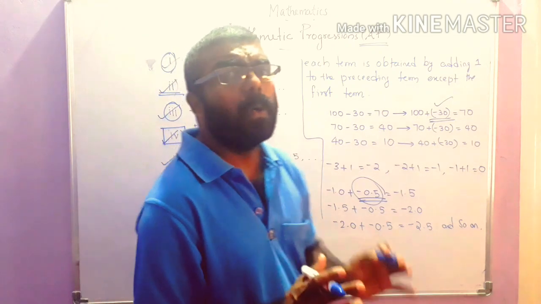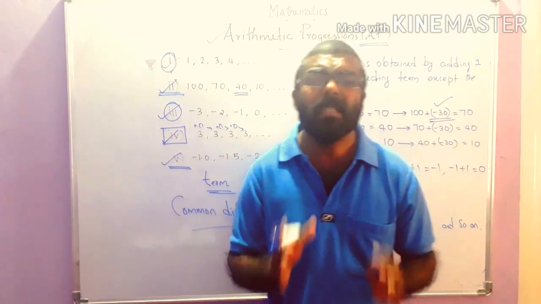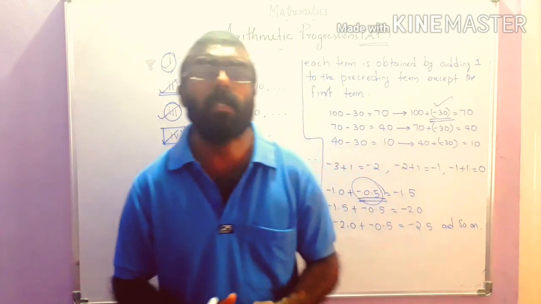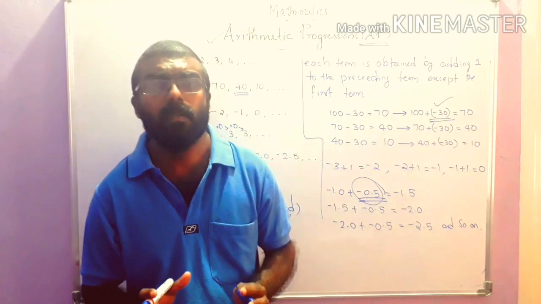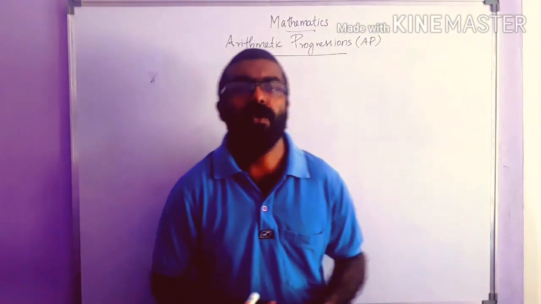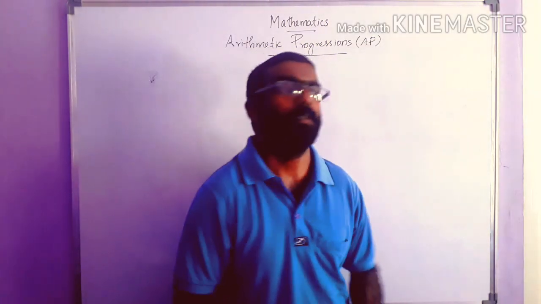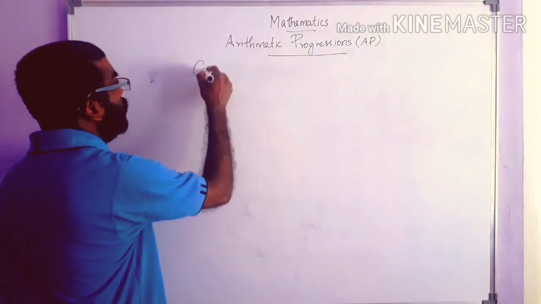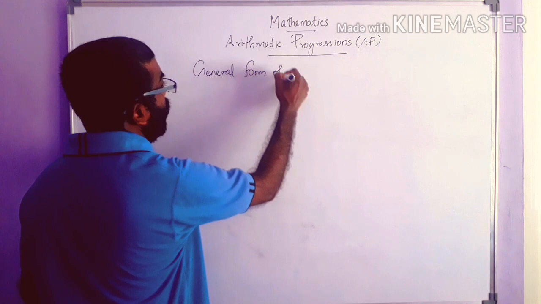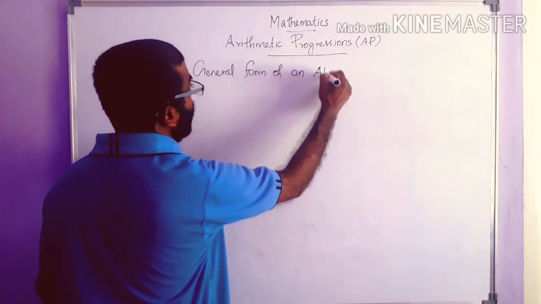Okay. So this is a basic introduction about the topic arithmetic progression. Understood? Okay. So the next is the general form of an arithmetic progression. General form of an AP.